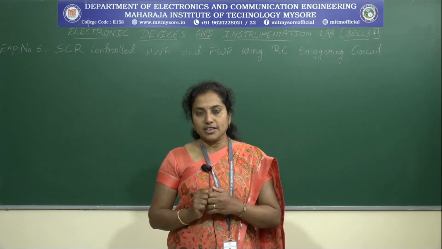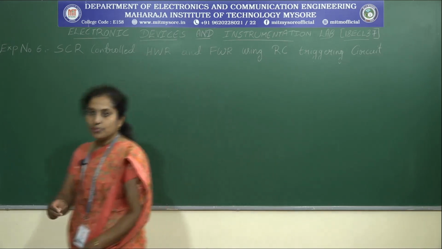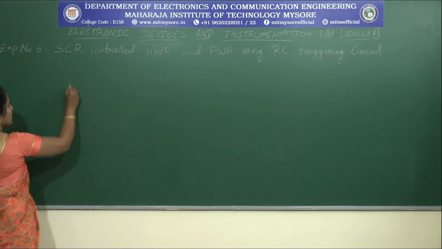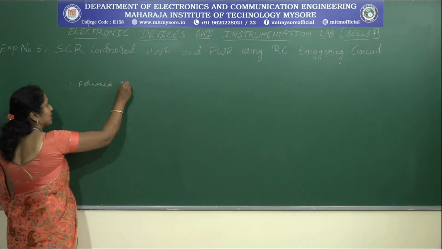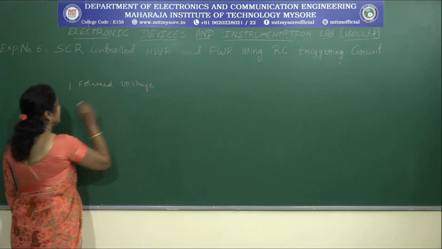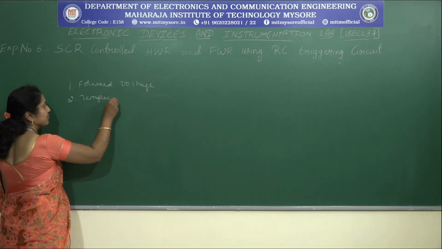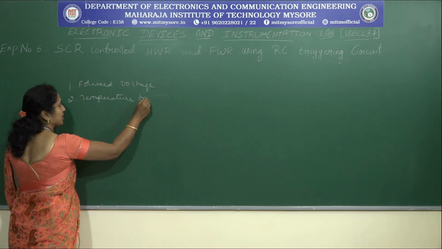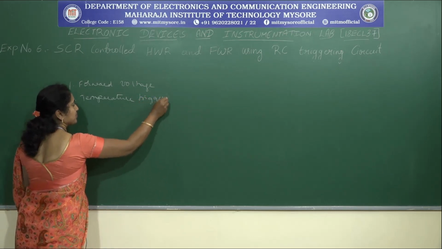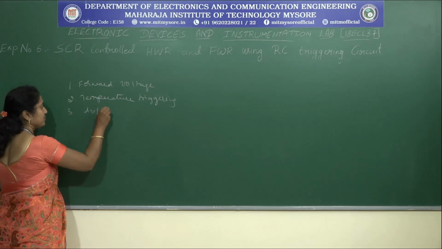There are various methods of turning on the SCR. Let us know. First one is forward voltage method. Second one is temperature method, temperature triggering. Third one is dV by dt triggering.